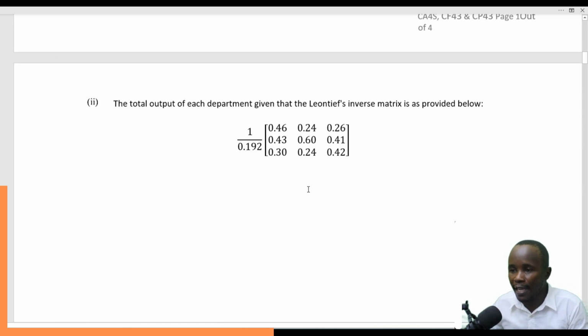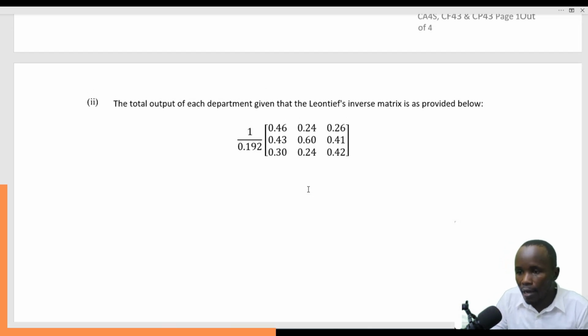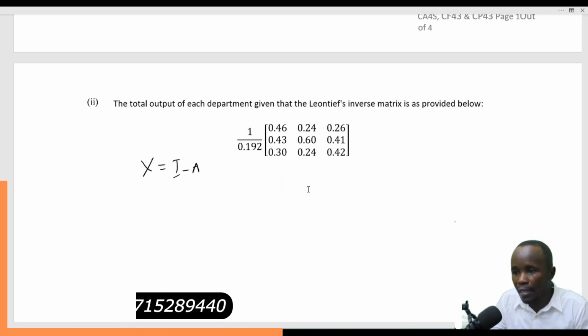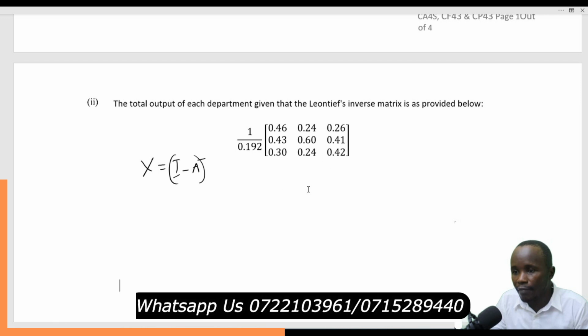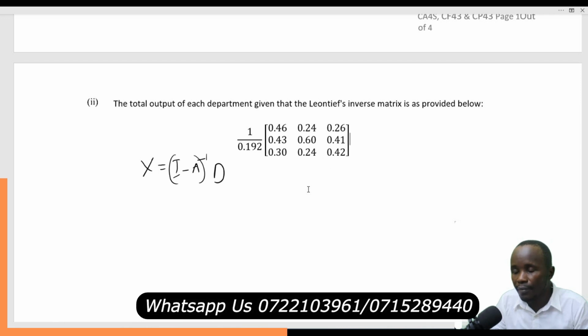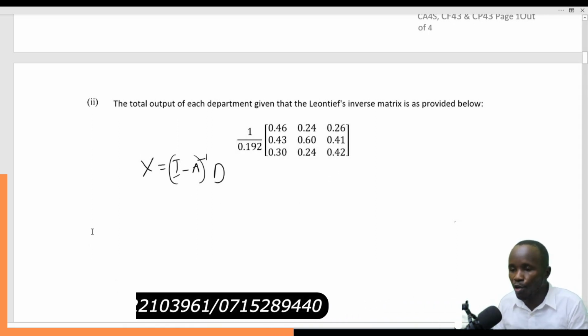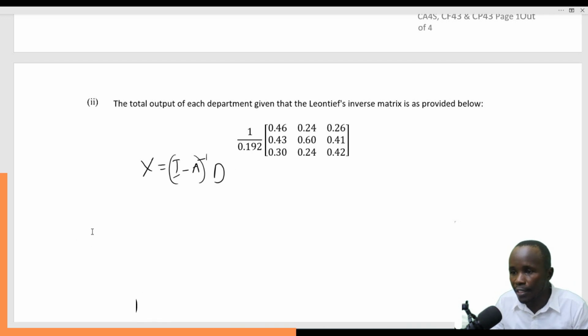So how do we find X? Previously, we said you come up with the I minus A inverse times D, the demand. In this case, our I minus A inverse is already given, so we are not going to calculate it here.